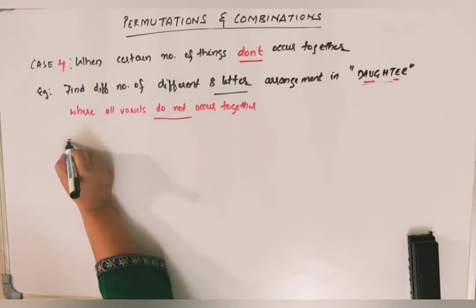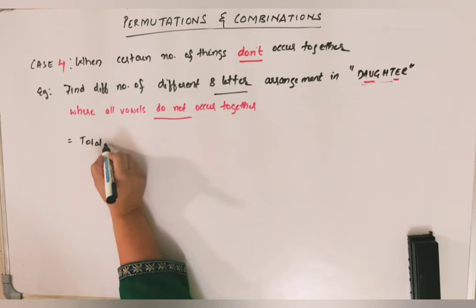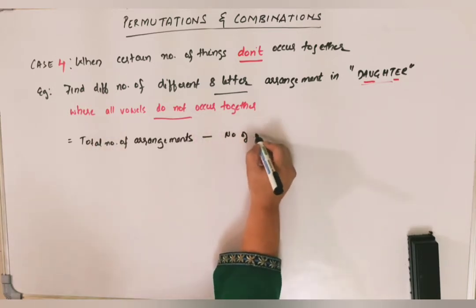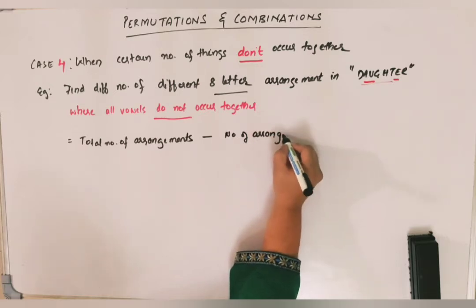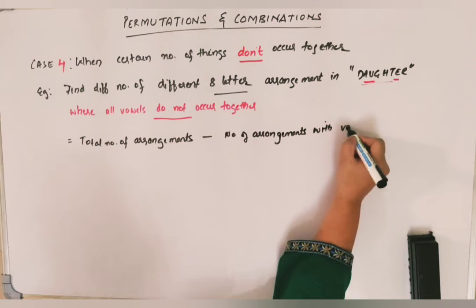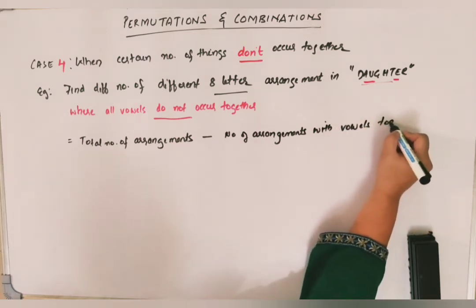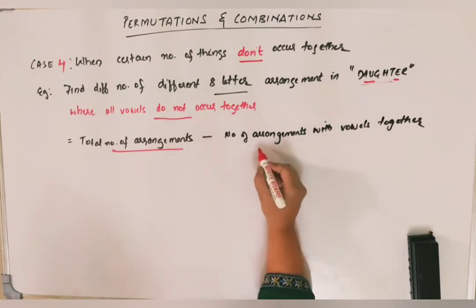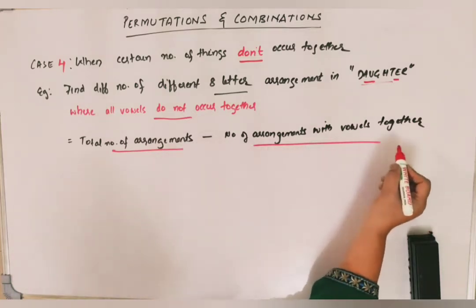Now, how do we solve this? First thing is we'll have to find the total number of arrangements minus the number of arrangements with vowels together. So first get the total number of arrangements, then find the number of arrangements with vowels together.